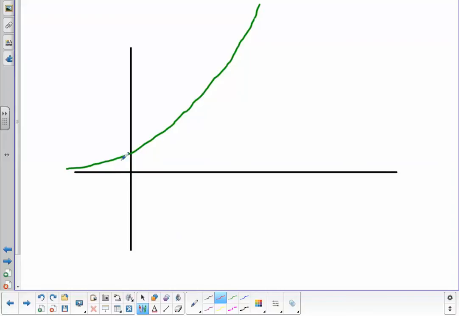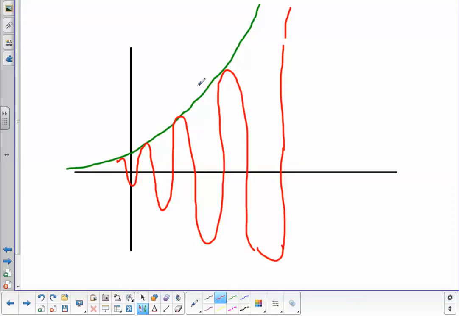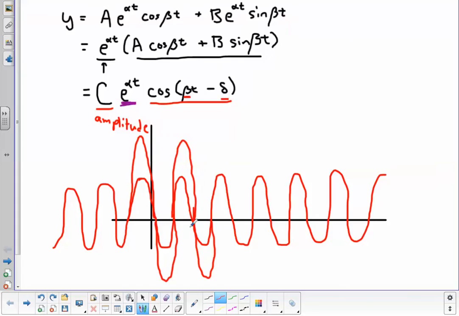So now the function is going to kind of go like this. It's an oscillatory behavior. It's going up and down like a cosine, but the amplitude itself is growing exponentially as we go. And so this red thing is sort of the final behavior of our solution. That's what we expect to see.